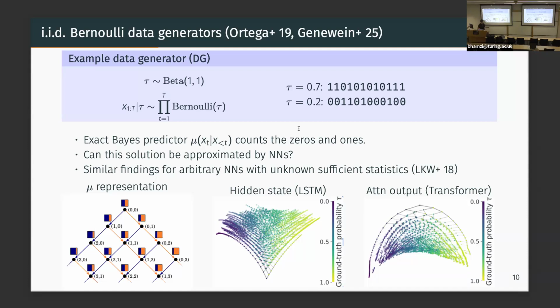These trajectories are drawn by feeding in many sequences of zeros and ones. This point here is the one input, one binary token, 0 or 1. And then this is a tree with longer sequences.